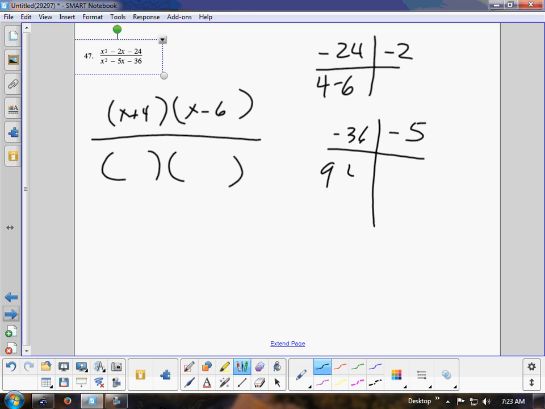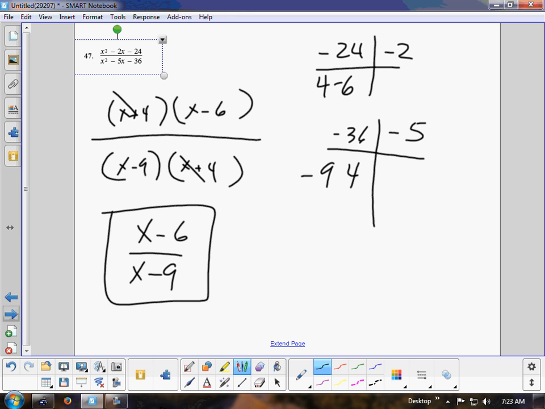That's 9 and 4. 9's got to be negative, so x minus 9, x plus 4. And you can see that these cancel, so the final answer is x minus 6 over x minus 9. The final answer. And you have to show work for these on the final exam.